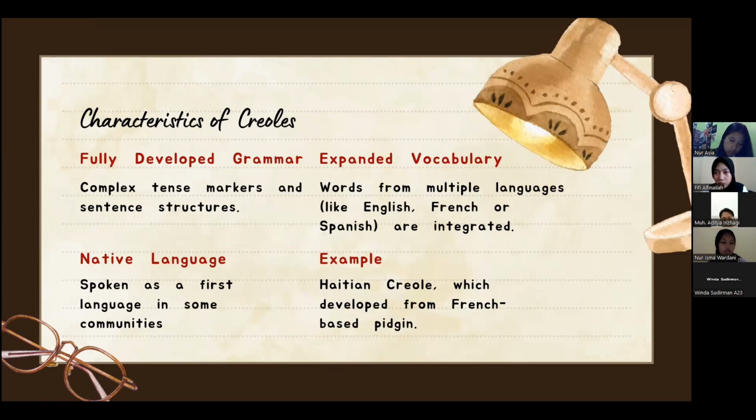Its vocabulary grows over time, borrowing words from the dominant colonial language as well as local languages. Haitian Creole is a well-known Creole language that originated from French but has evolved into its own distinct language spoken by millions of people today.